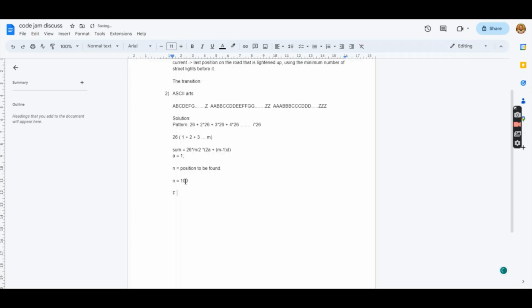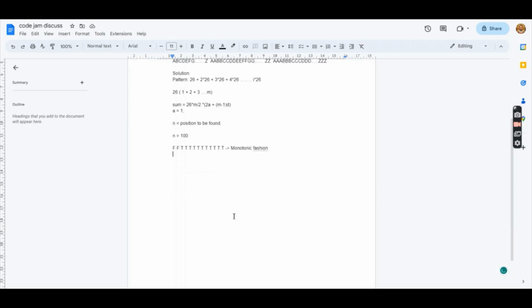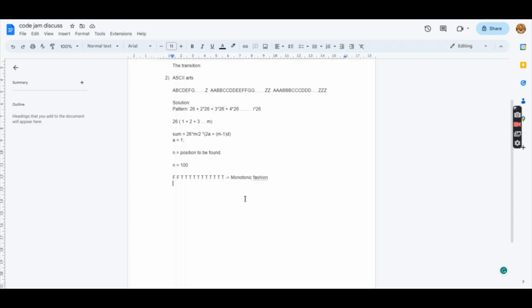If we include the second set of alphabets, it will be 26 plus 2 into 26, so that will be 26 into 3. So it will also be less than 100, so it will be false. But if you include the third set of alphabets, it will be true. And for all the next values, it is always going to be true. So can you observe a monotonic fashion here? Whenever you observe this, you can just do a binary search on the pattern and find the answer. So let's move on to the implementation part.